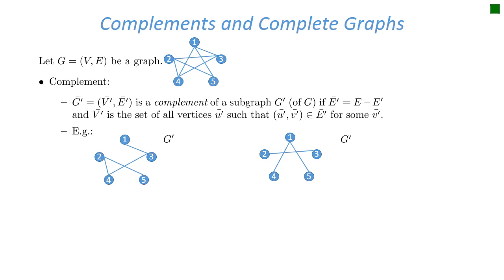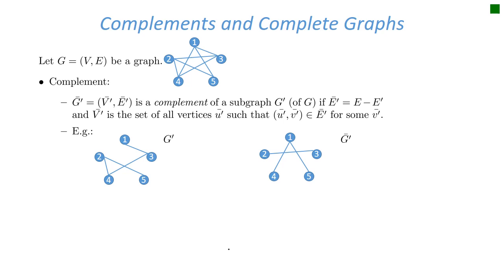Let us now see what is a complement of a subgraph. Suppose we had a subgraph G prime on the left here. A complement of G prime is simply all the edges that are there in G but not in G prime, along with the vertices that are incident. So let us look at the example. On the left over here, we have the subgraph G prime with only the edges (1, 3), (3, 4), (4, 2) and (2, 5).